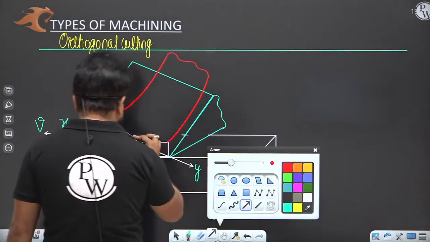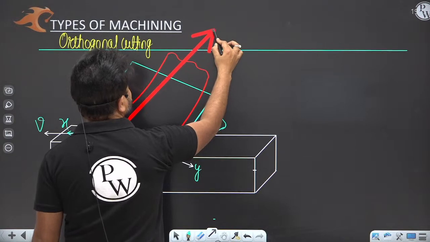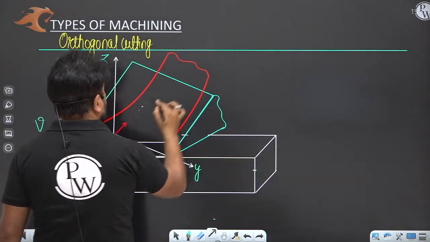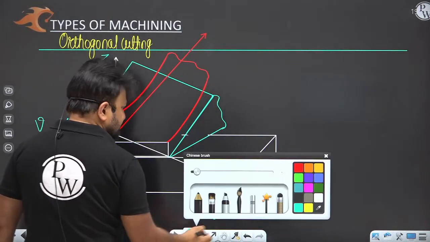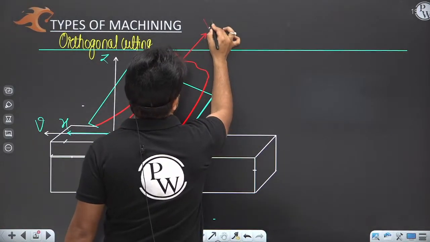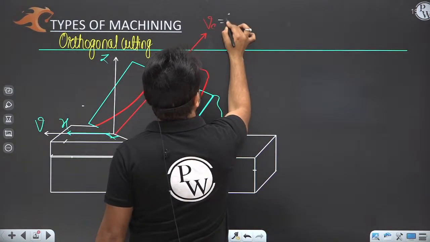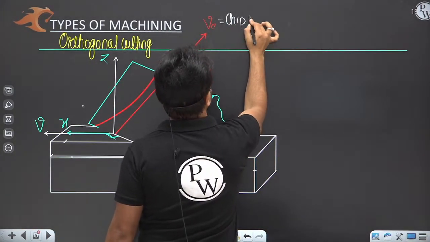Also, this is the chip which is flowing. Let's say this is VC, and that VC is equal to the chip velocity.